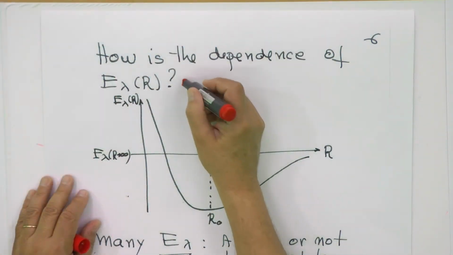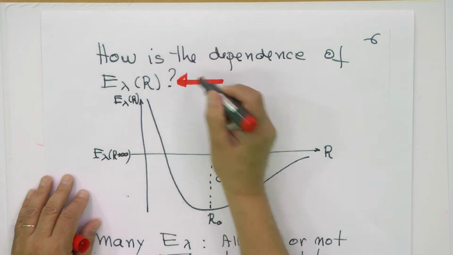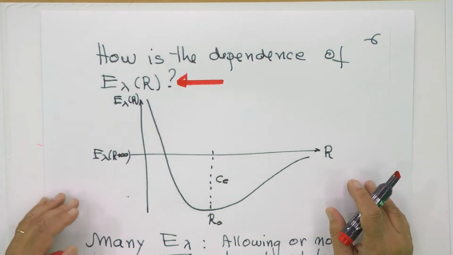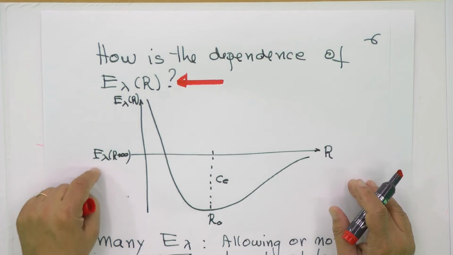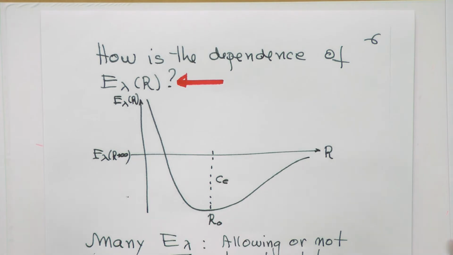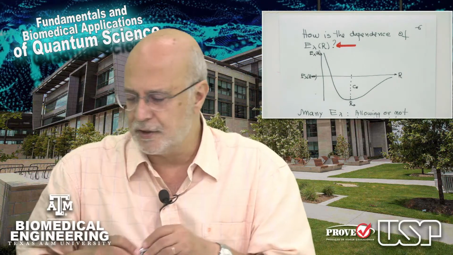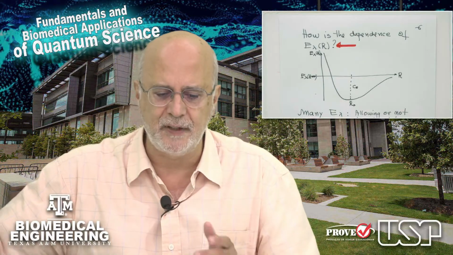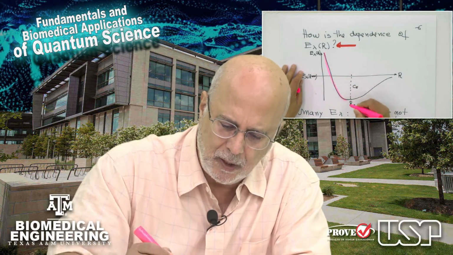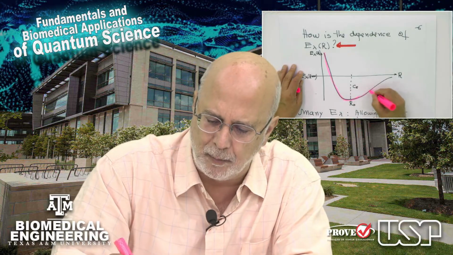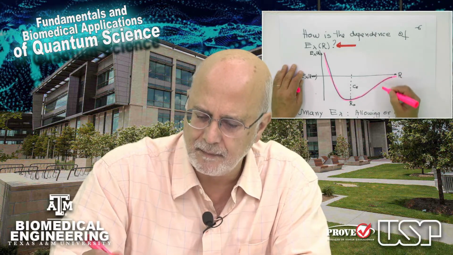If I solve the equations, I'm going to get E lambda of R, which is the electronic state, the electronic energy only. But the electronic energy is the potential energy for the two nuclei. And if I look at the shape of this potential, what I get is this shape. The energy is not a single value, but has an R dependence.